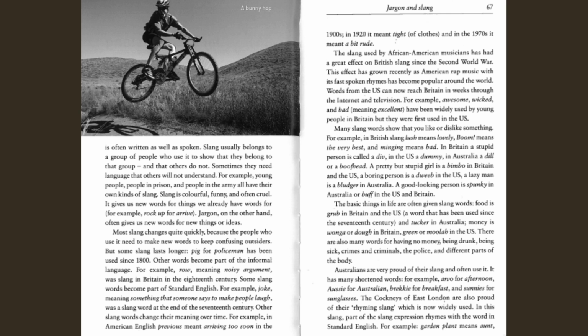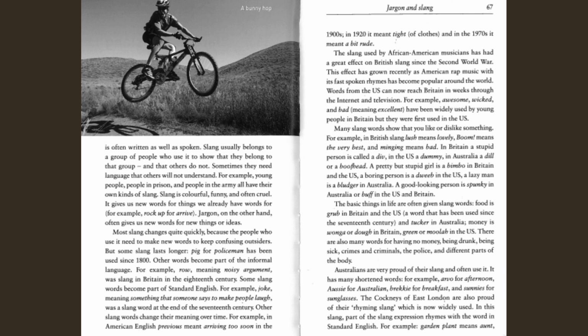Other words become part of the informal language. For example, row, meaning noisy argument, was slang in Britain in the 18th century. Some slang words become part of standard English. For example, joke, meaning something that someone says to make people laugh, was a slang word at the end of the 17th century.